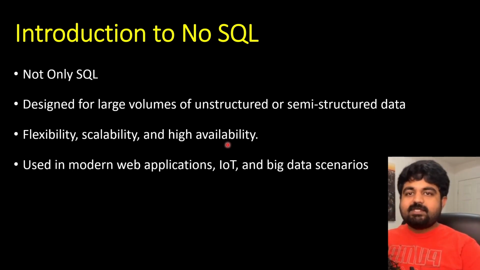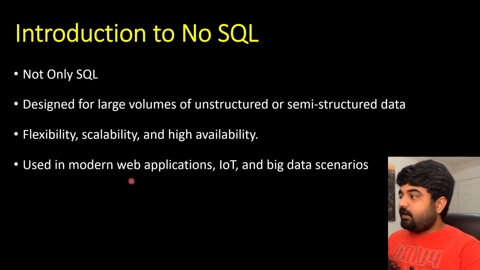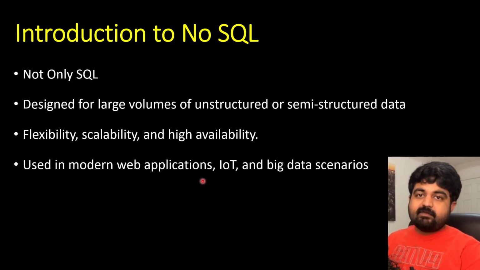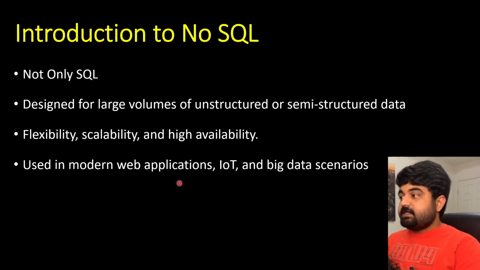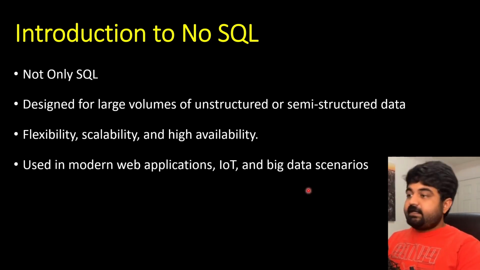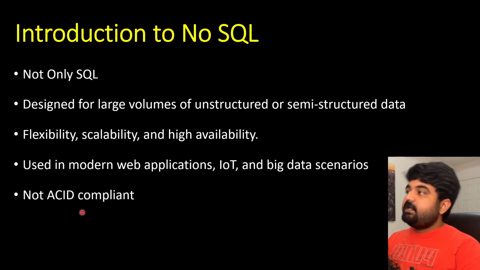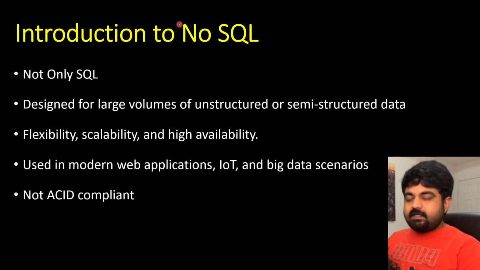They are all using NoSQL data and processing millions and millions of gigabytes of it every single minute of every single day. So it can be anything and it is very useful in many different scenarios. Now, an important thing is that NoSQL databases are not ACID compliant. So whenever you have to deal with ACID compliant structures, NoSQL is basically not a good choice.